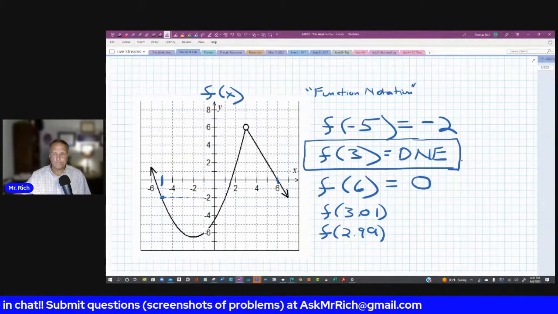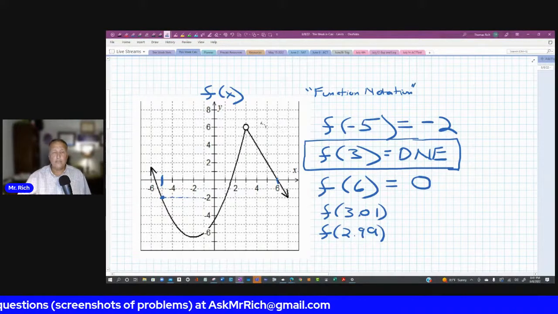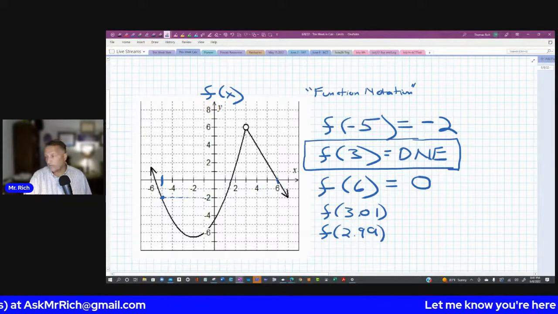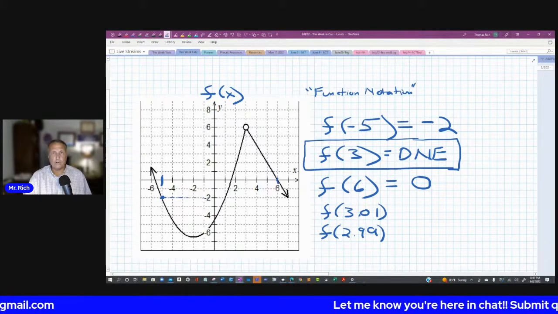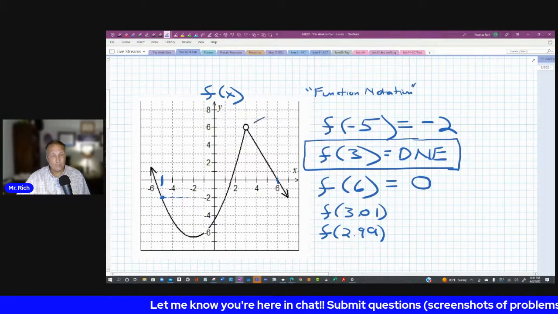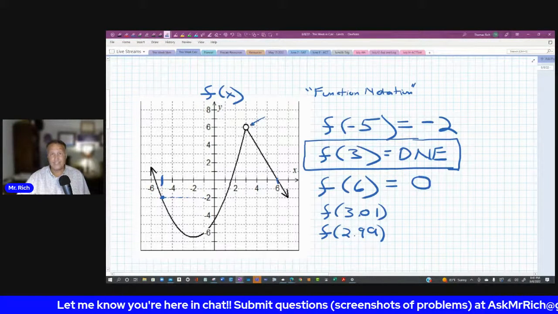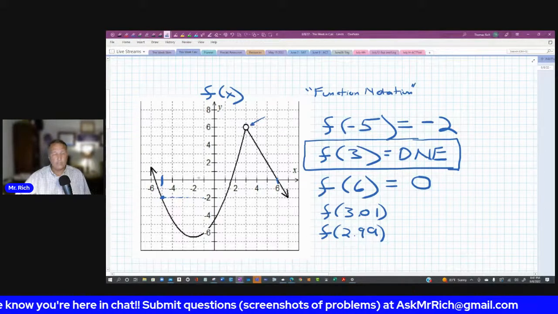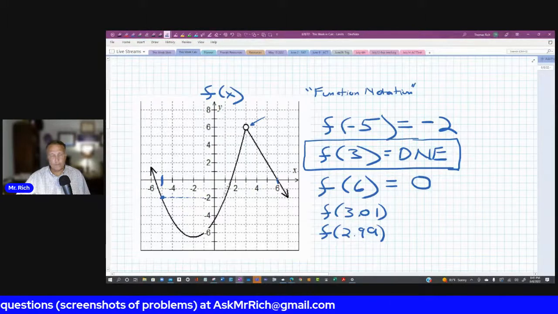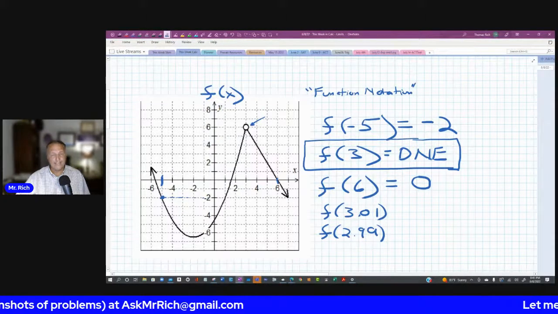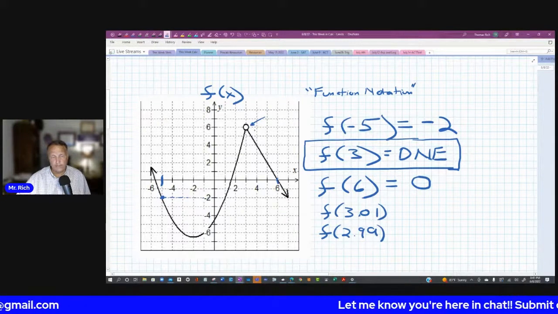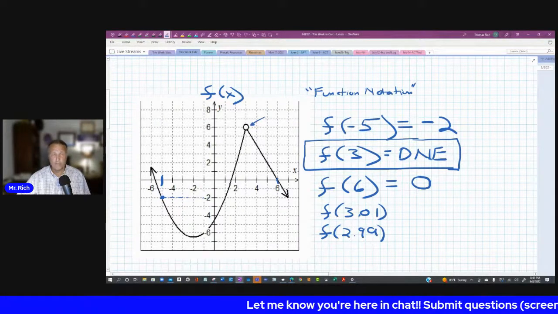Also, keep in mind, class, you probably learned in your pre-calculus class about different types of discontinuities. This void right here is what we call a discontinuity in the function, because I can draw the function with one pencil stroke, but when I get to that spot, I have to lift my pencil and jump to the other side of x equals 3 to continue drawing the function.